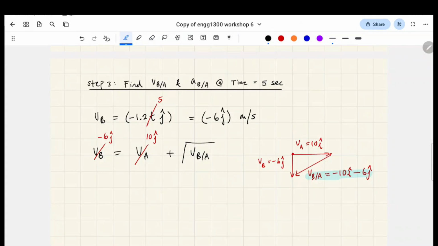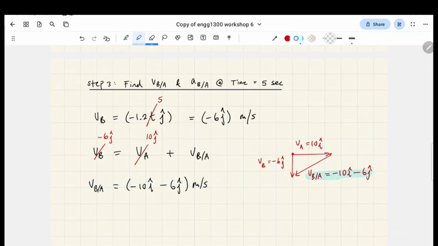That's when we rearrange for VBA basically.